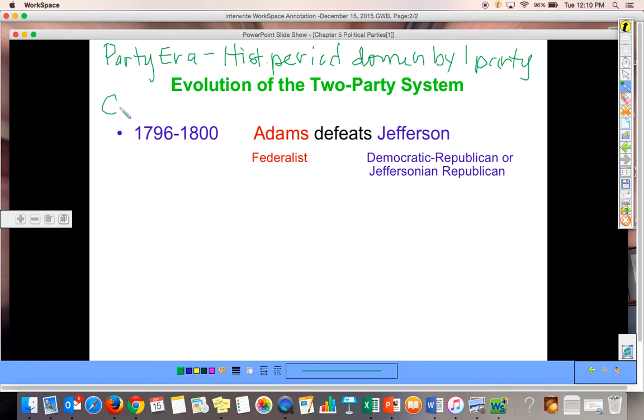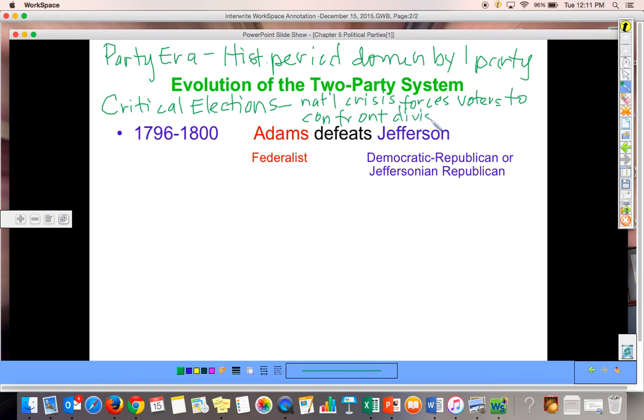Another term that I want to make sure you understand is critical elections. The next several slides are going to talk about critical elections. Mostly this is when a national crisis forces voters to confront divisive issues.